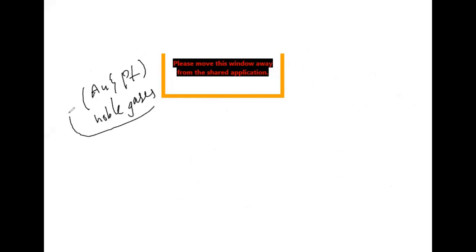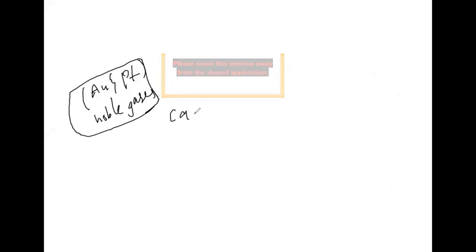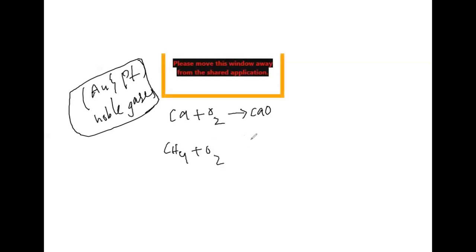Some noble gases alone will not react with this, but it combines with many elements. Suppose it combines with metals like calcium, it forms calcium oxide, and if CH4, that is methane, combines with oxygen, it gives CO2 plus H2O.